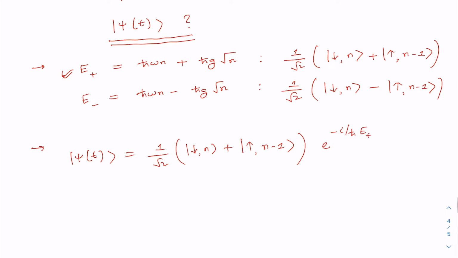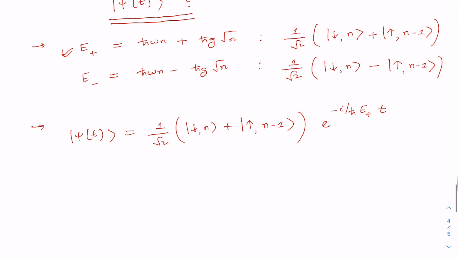So we have, as the state evolves, this is one part of the evolution, and another one is 1 by root 2 times the antisymmetric superposition of these two states, and this would be e to the power plus I by h cross E minus t.